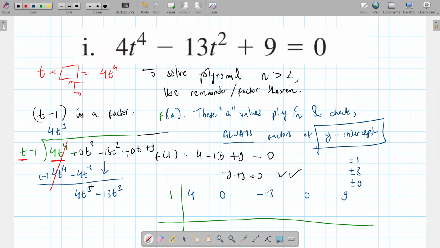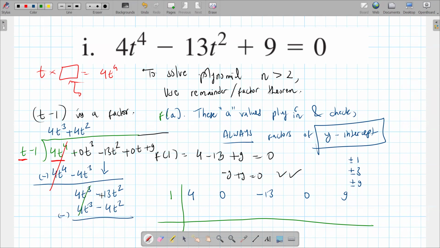Now you ask yourself again, how many times does t go into 4t cubed? 4t squared. So t times 4t squared is 4t cubed. -1 times 4t squared is -4t squared. Subtract.